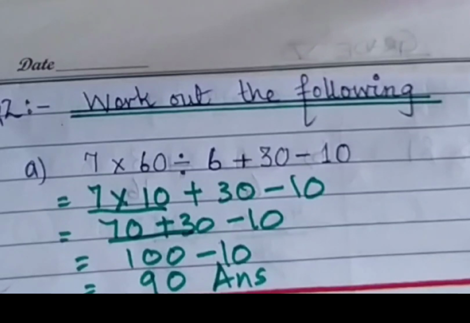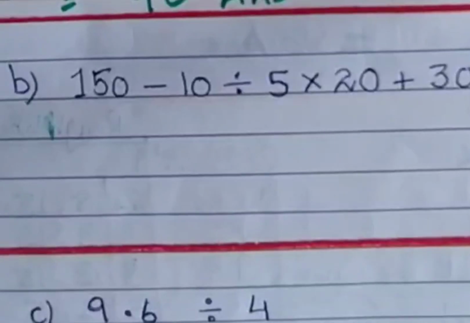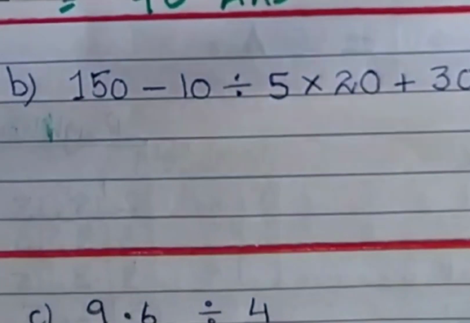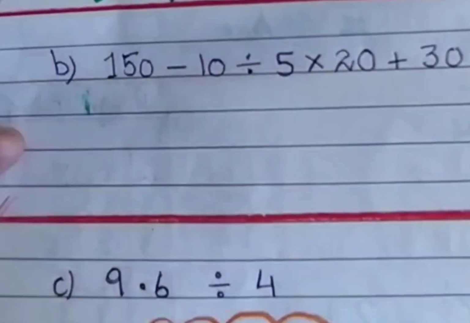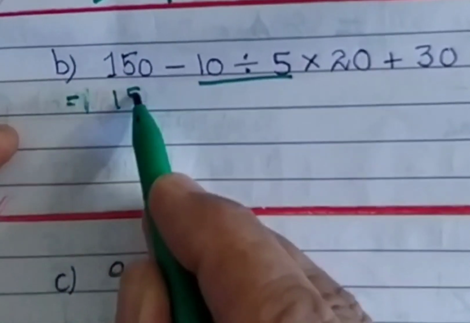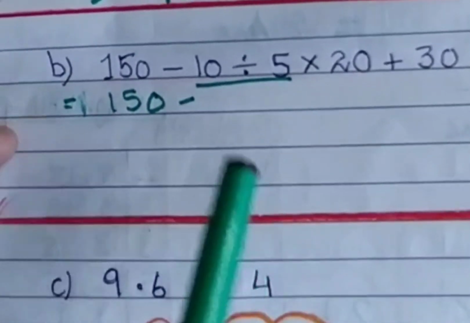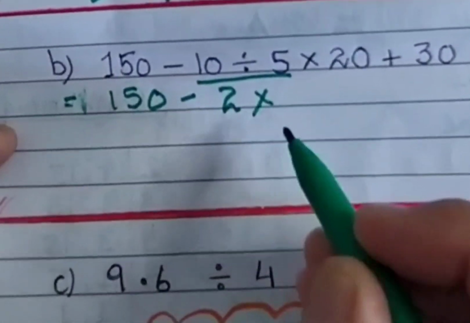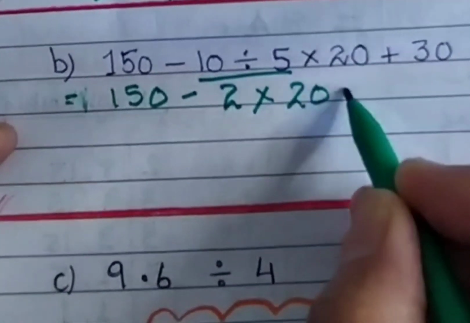Let's move ahead with the second question now. The second question is, again, you're going to solve following the DMAS. We have to first solve division. So I'm going to just copy down 150 minus, now 10 divided by 5 gives you 2, multiplied by 20 plus 30.